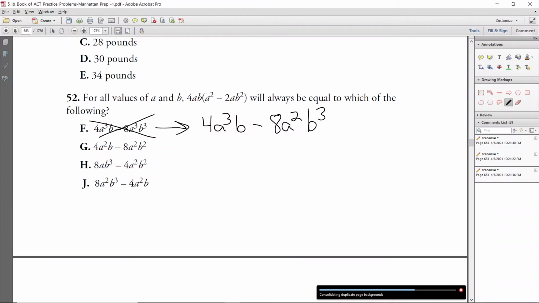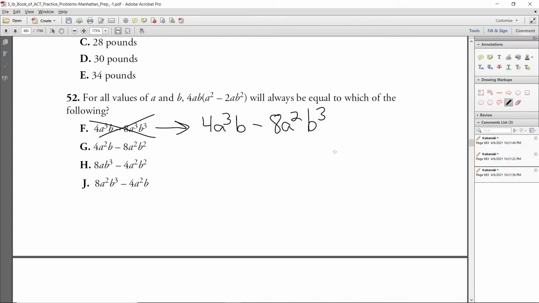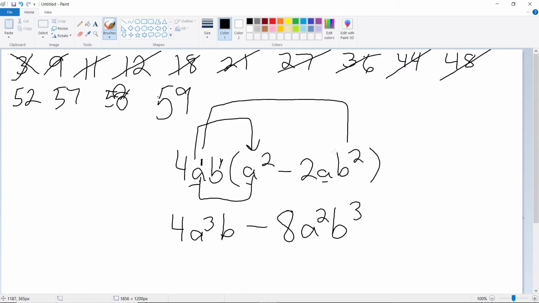Okay, I just wanted to save it because they have a typo there, and I knew it was a typo because the answer for 52 is different than what they had written. So again, we just wanted to distribute and make sure that when we multiply, if I multiply x times x squared, x is really x to the first, we add the exponents.